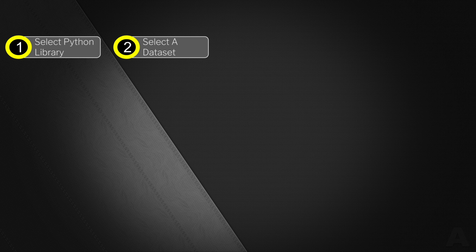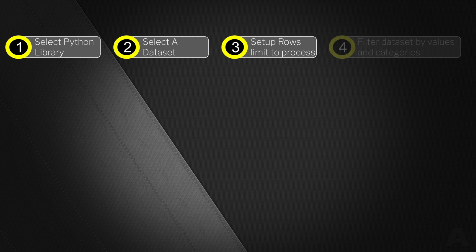In the next step, the user selects how many rows he or she wants from the given dataset and also decides what method of row selection is used, either from top or the bottom or the random sampling. In another method, we also add the dataset filtering either by values or by categories.